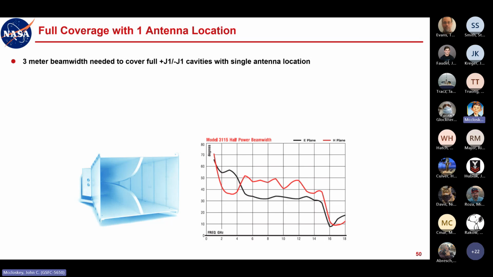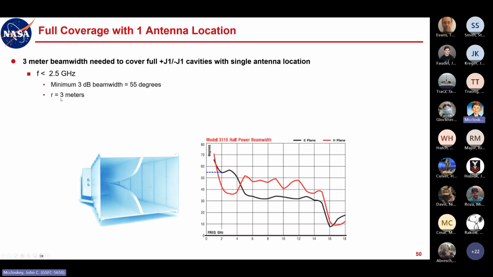We looked and found that we needed a 3-meter beam width to cover the full plus-minus J1 cavities with a single antenna location. But again, this was highly desirable. We needed more power than we could put through one of those log spirals, so we were going to be using the small DRG. So we need to do 2 polarizations, but that's okay. Going with one antenna position still made things much more efficient.